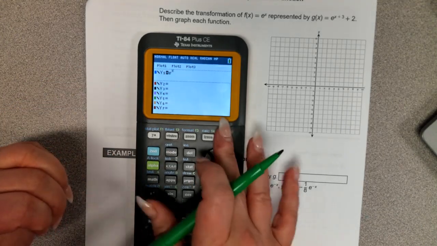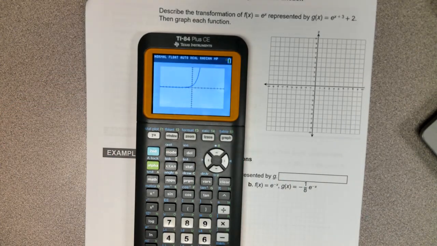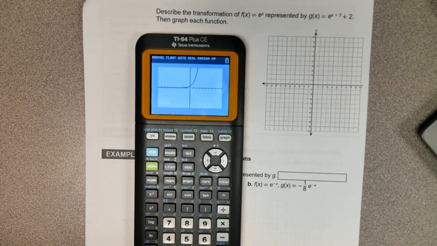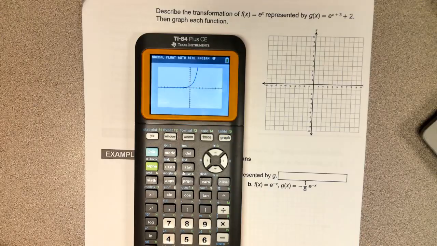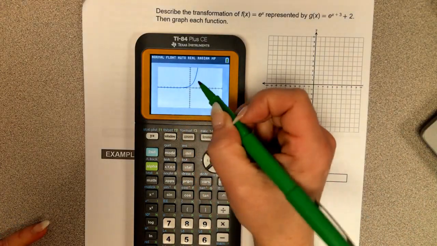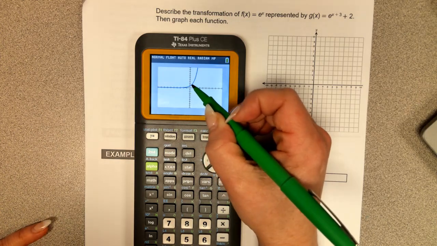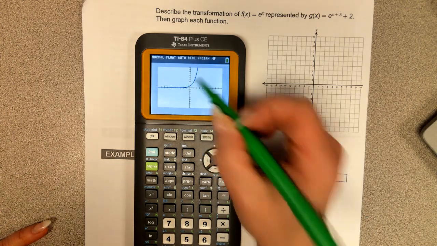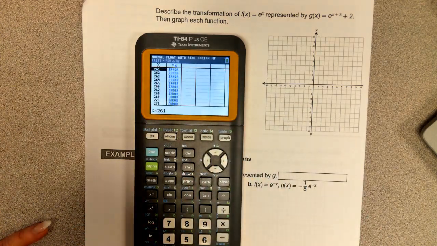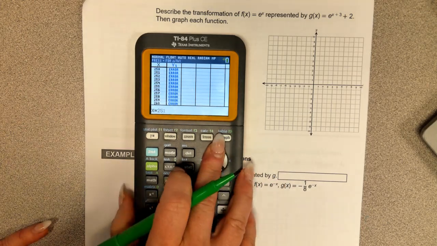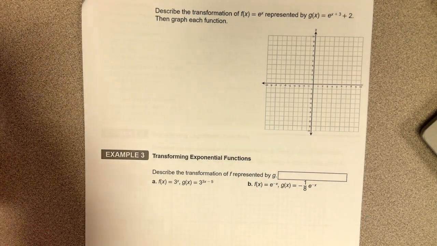E to the power of x, if you graph that, it is going to be exponential growth because that e is greater than 1. So when I graph this, the only thing that is really going to be clear is that y-intercept.